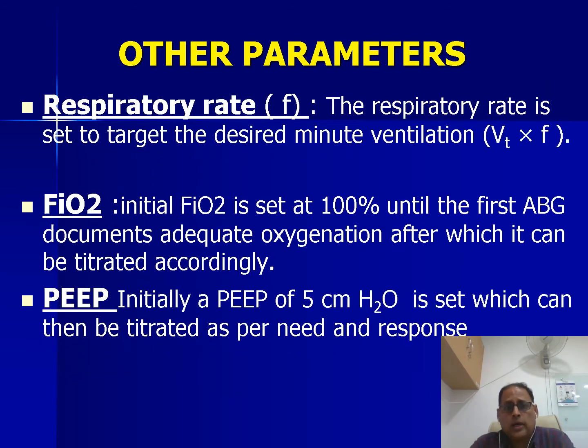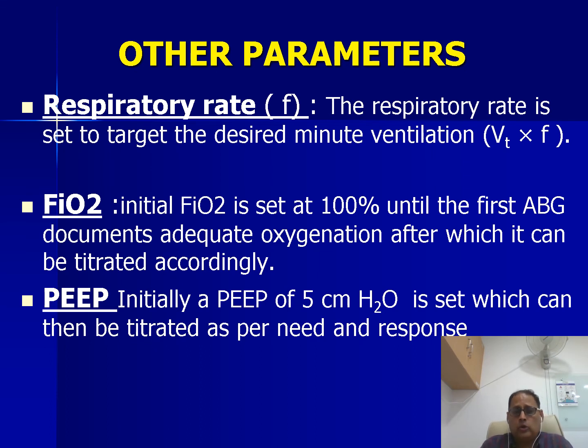The respiratory rate is set to target the desired minute ventilation, which is actually the product of tidal volume and frequency. So if I am handling a patient with CO2 narcosis, probably I'll go for a higher respiratory rate as compared to a person who does not have high PaCO2 levels.